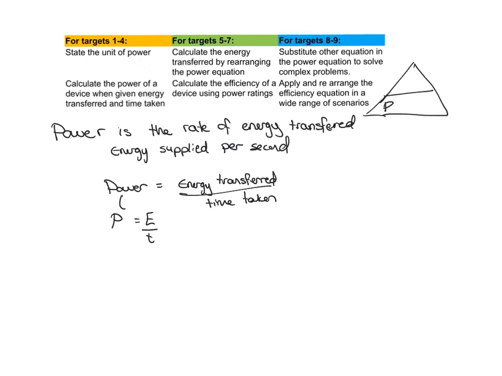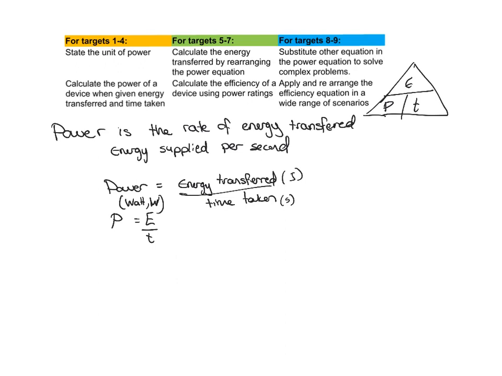Power is measured in watts. The symbol is just a capital W. Energy transferred again in joules, and time taken in seconds. Make sure that you are very confident with these equations. And then you just simply put it in the triangle and you can rearrange it and calculate it.